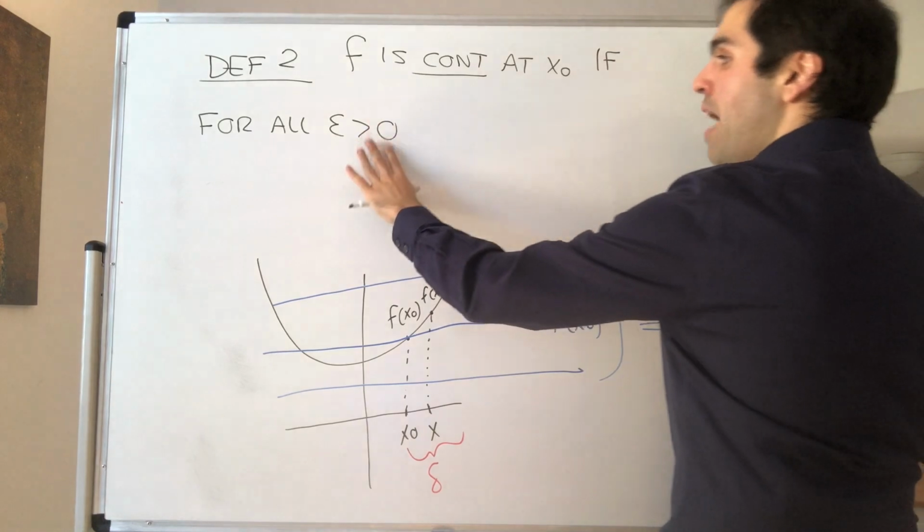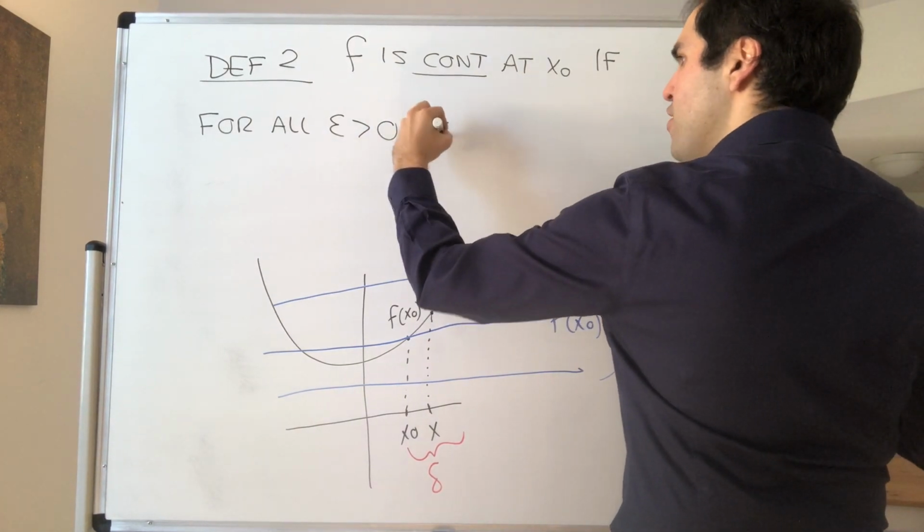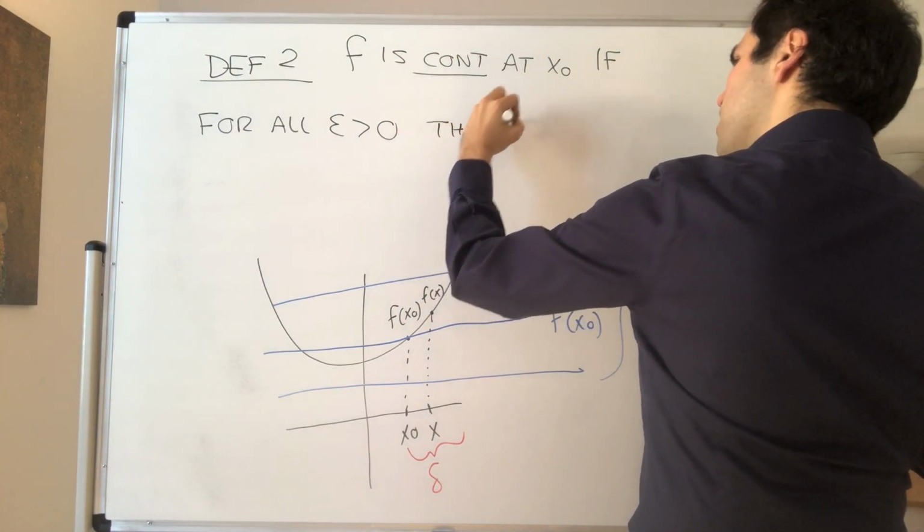So, no matter how small the error, there is some small threshold.